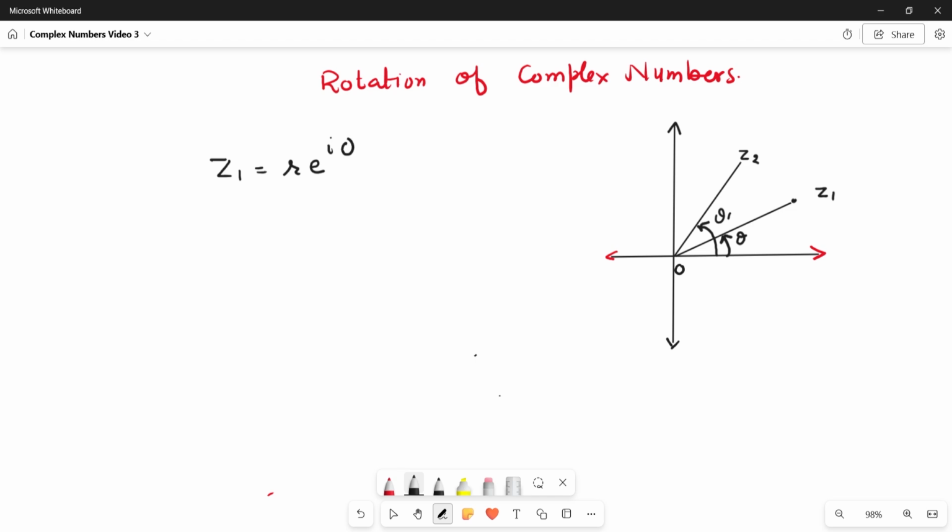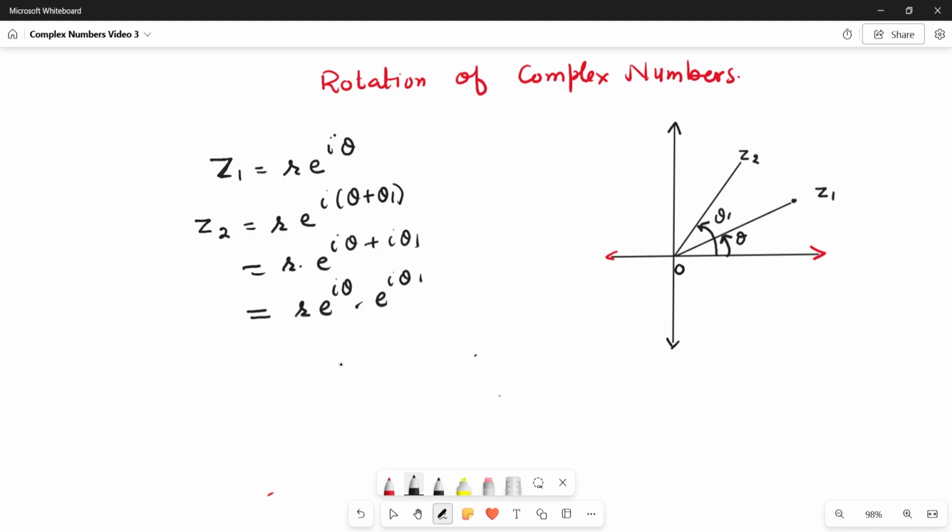So Z1 is equal to R into e raised to power i theta, and Z2 will be R into e raised to the power i into theta plus theta 1, which is equal to R into e raised to i theta plus i theta 1, which is equal to R into e raised to i theta into e raised to power i theta 1.